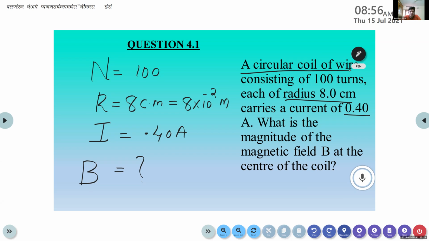Mu 0 I by 2 pi r? No, it is 2r. Mu 0 I divided by 2r.